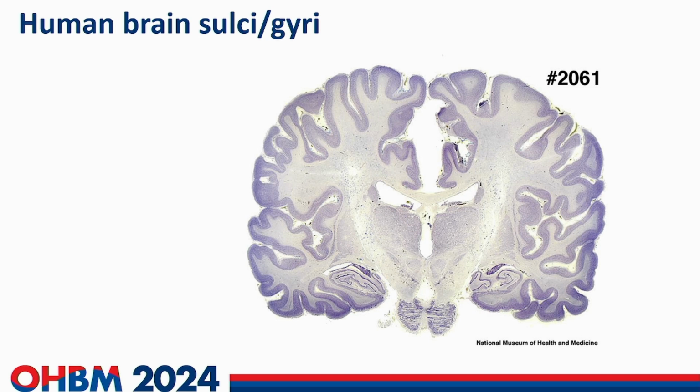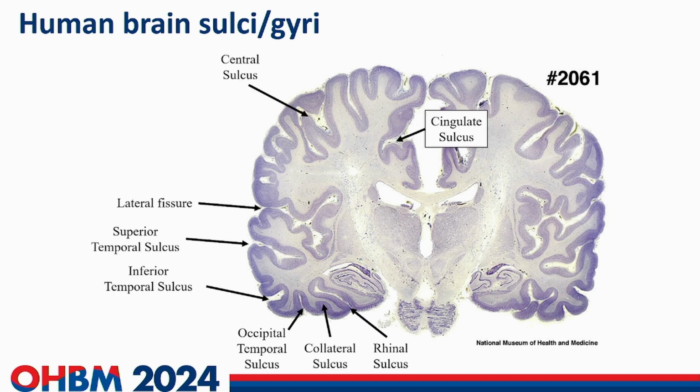Anatomists label these sulci and gyri with particular names. In order to navigate brain data in any dimension, it's better to remember some of the names of the sulci and gyri. Here I listed several noticeable examples in this coronal section.